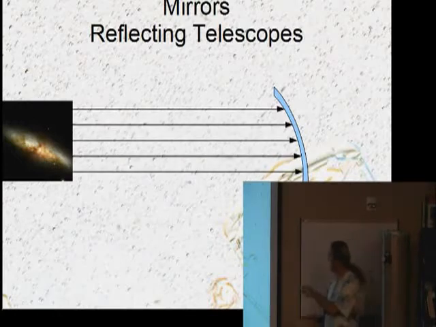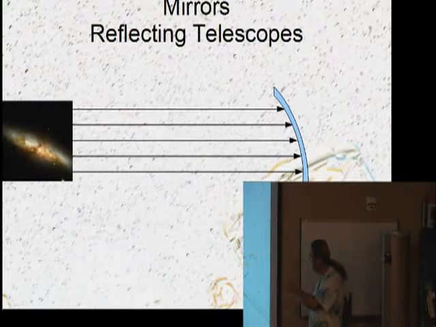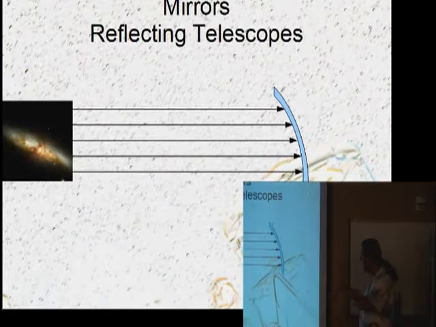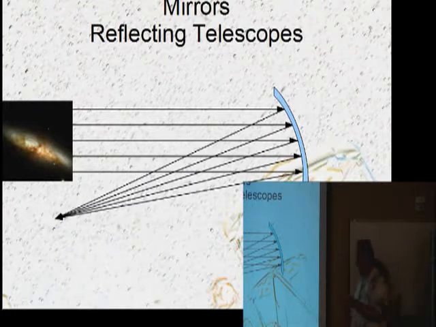All right? So this ray, this ray, this ray, this ray, they should all come together somewhere over here. All of those rays should come together as a point over there. So let's start off with this point. That line's going to go over here. And we have this place here, so we know what angle the mirror should be at this point. We know what angle the mirror needs to be at that point, that point. And so we have all the light come together.